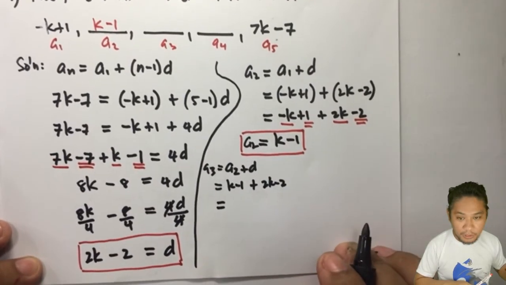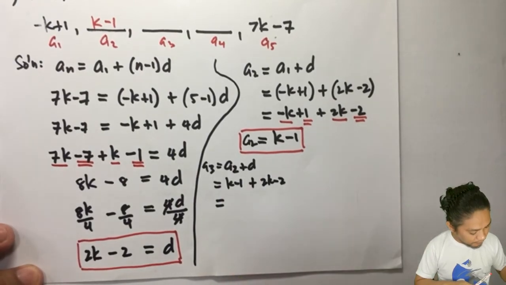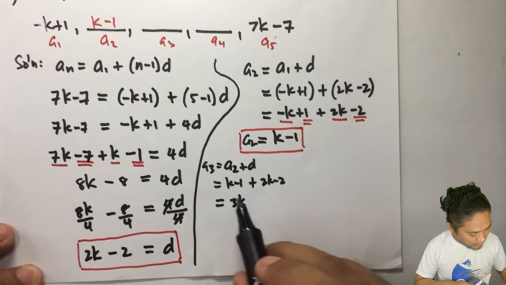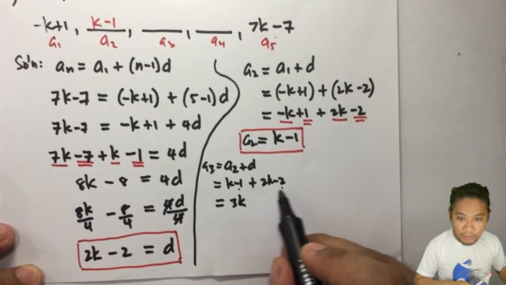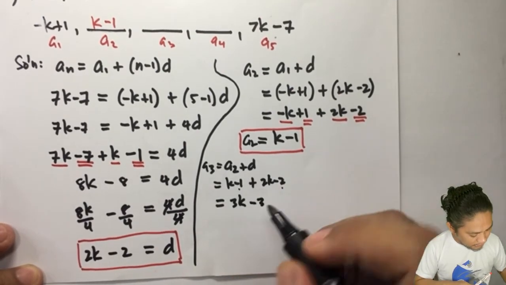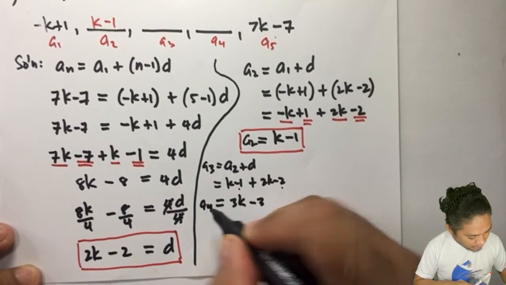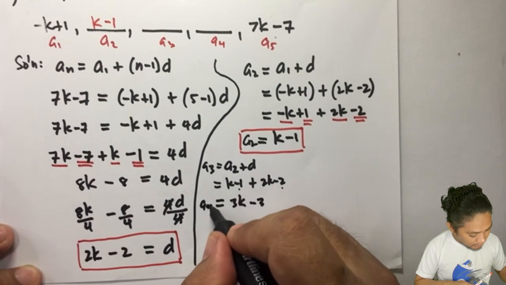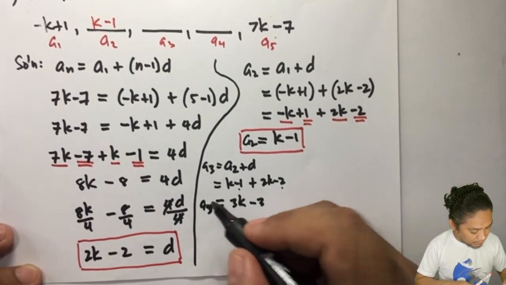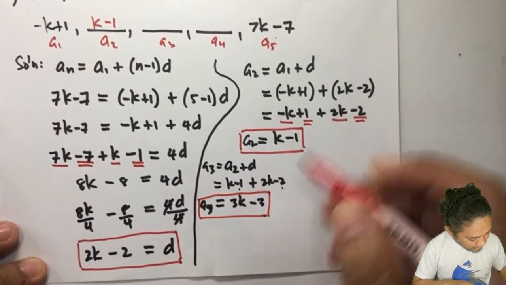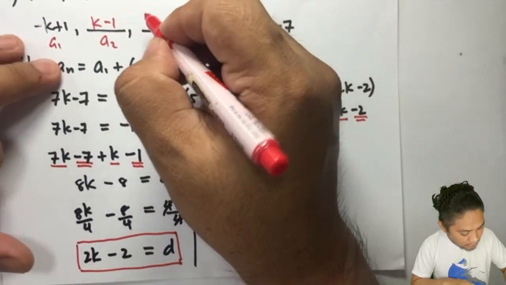So you're going to have k and 2k is 3k, and negative 1 minus 2, they're both negative, so that's negative 3. So this is now our a sub 3, or the third term. So our third term is 3k minus 3.